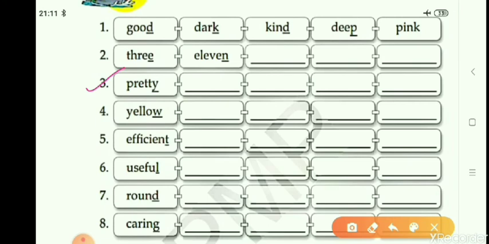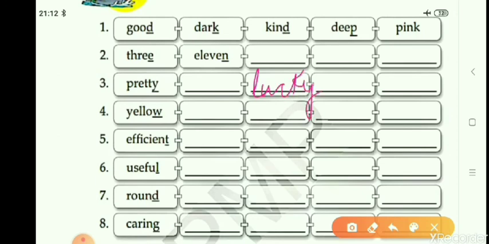Then the third one, pretty. Now the last letter is Y, so the first letter of the next word should be Y. So we can write youthful, Y-O-U-T-H-F-U-L. The last letter is L, so the next word should start with L. So it can be lucky, L-U-C-K-Y, lucky.